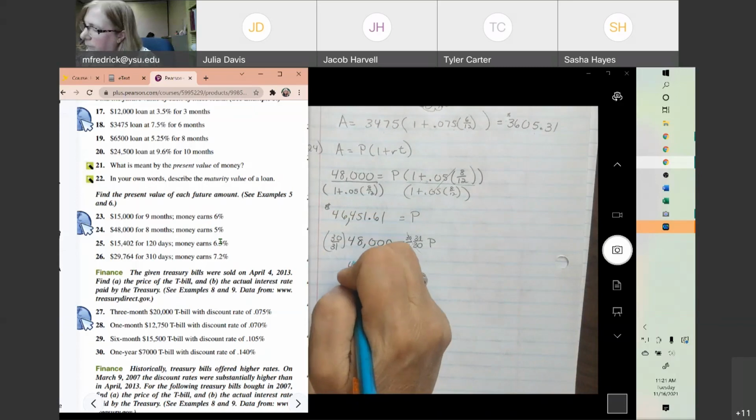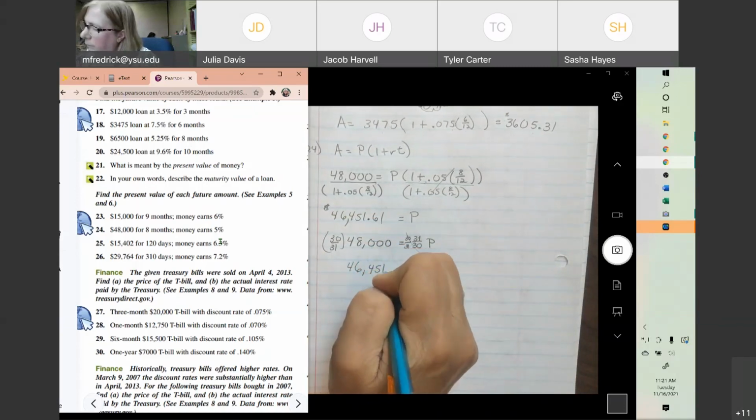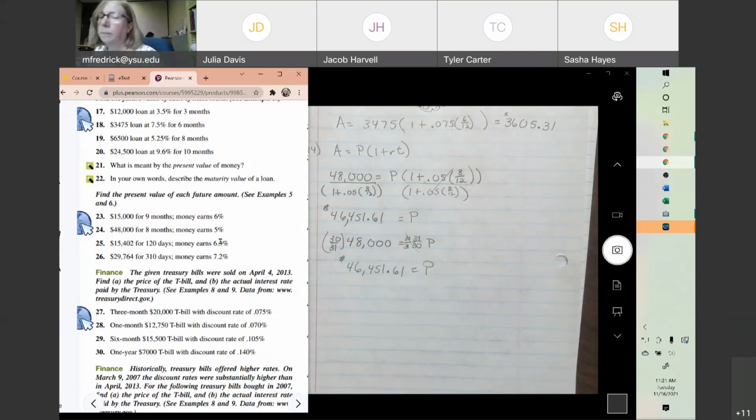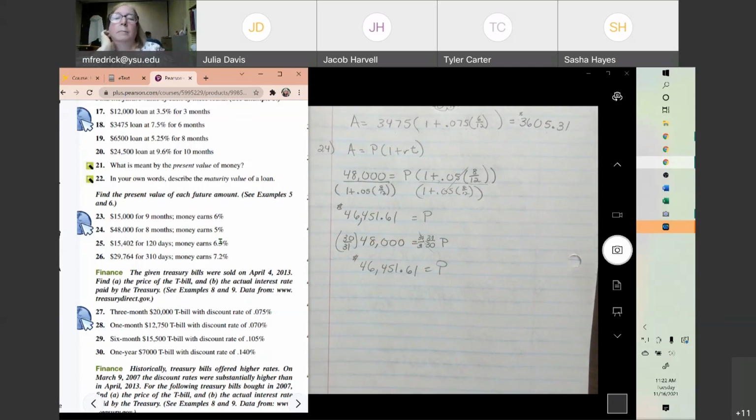And then we'll get $46,451.61. Any questions on that one? So there's several ways you can do it. It's just if you're going to use the decimal, keep the whole decimal in the calculator. Any questions on 24?